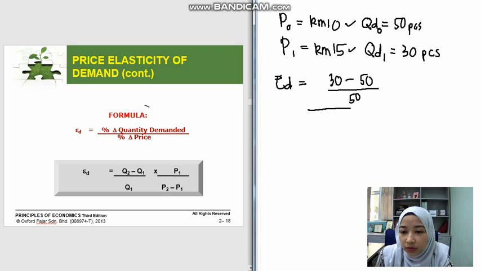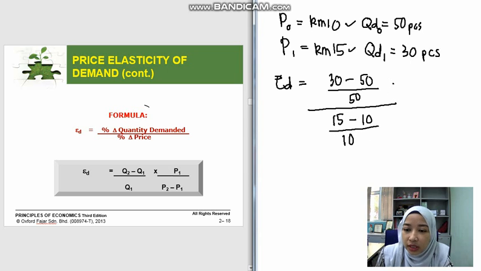Then you divide by the change in price, or you can multiply using the formula in the slide, but I will divide. So divide by the change in price, which is P1 minus P0 divided by P0.